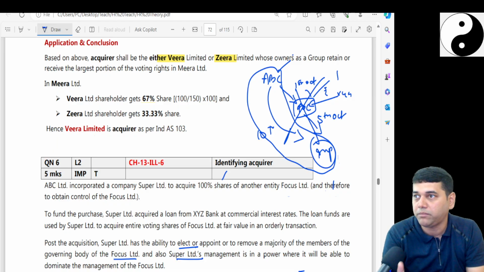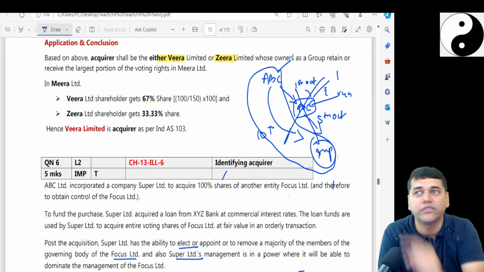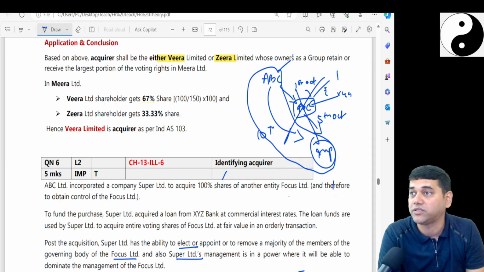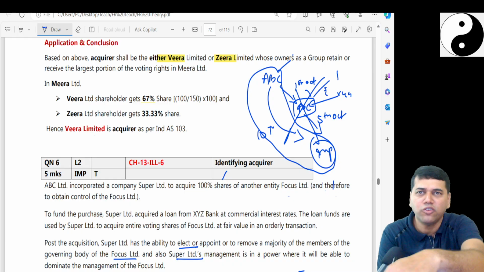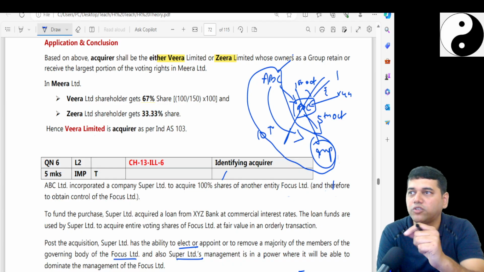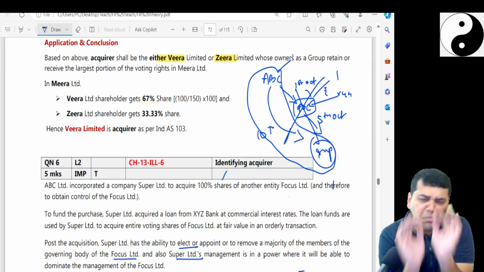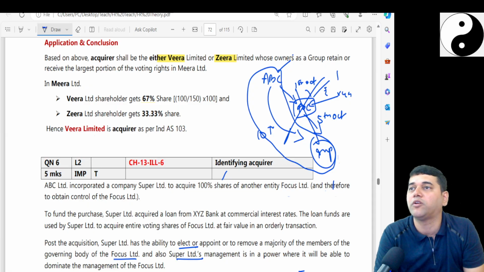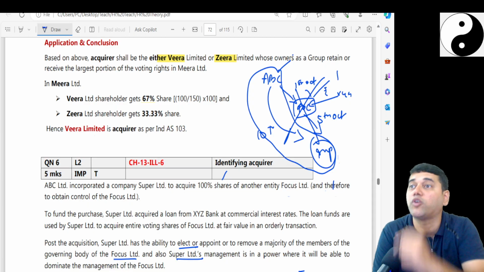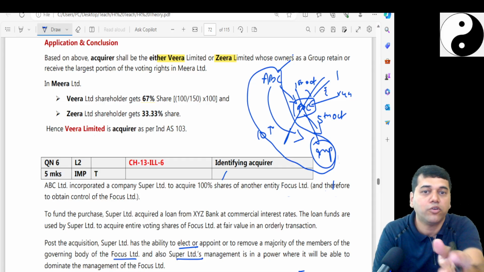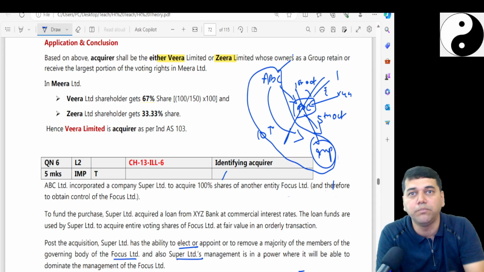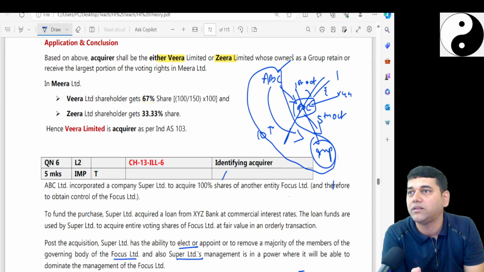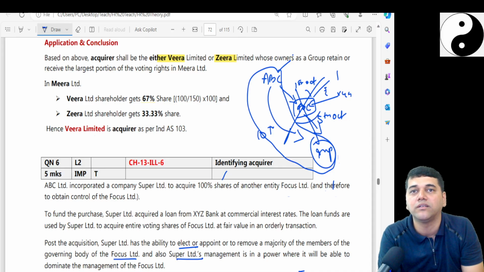I will remind you, because a similar question we are going to discuss later, in the common control combination section, where we will discuss one theory. With a similar setup, the question is whether it is a common control combination or a normal combination. You should say it is a normal combination. Why? Because this is a transitory setup. Simply for acquiring Super, ABC set up one Focus in between. Ultimately, what is the objective? ABC wanted to acquire Super.